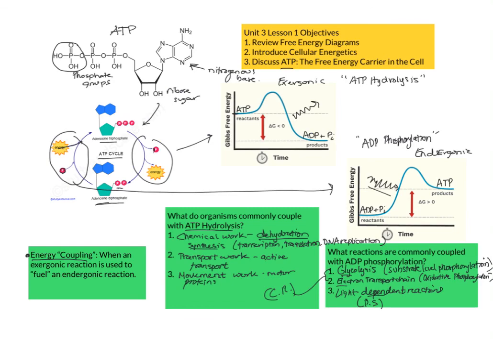There's a portion of the light-dependent reactions where an exergonic process is used to phosphorylate some ADP. Now remember that photosynthesis overall is an endergonic process, but there are some exergonic steps involved in photosynthesis that, in this case, are used to phosphorylate some ADP.